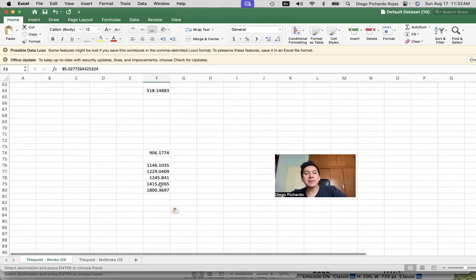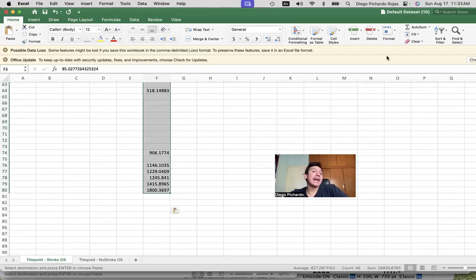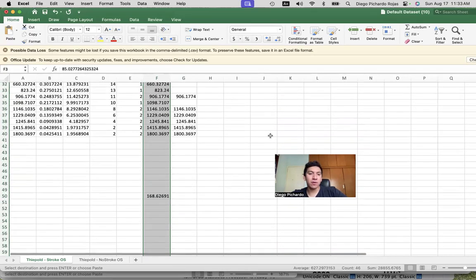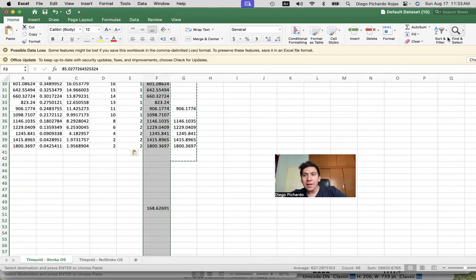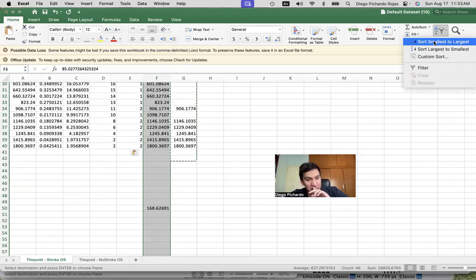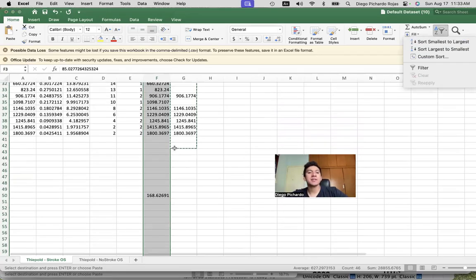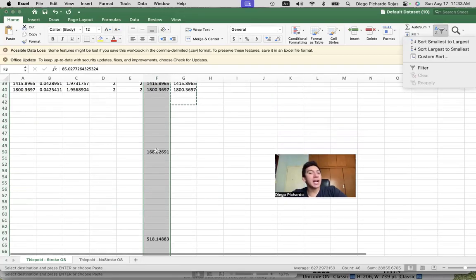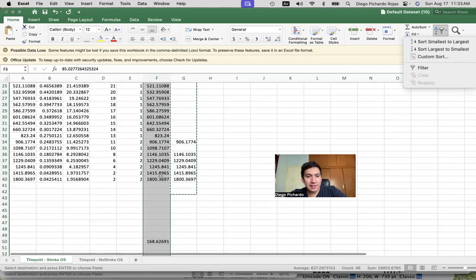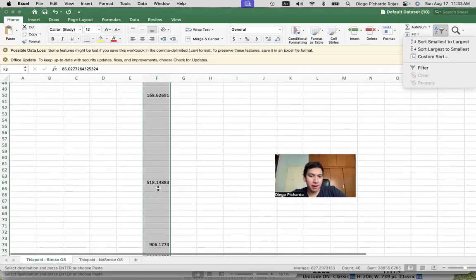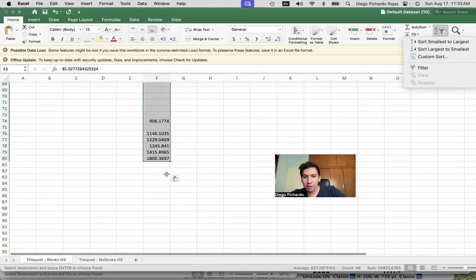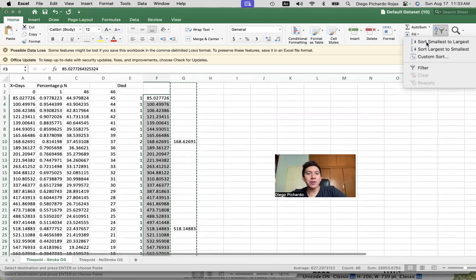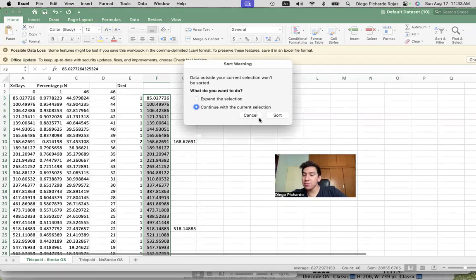Sort basically means organize your values. Notice how they are the same, but now I'm going to sort them from smallest to largest. Because look, this is smallest to largest, but when I copy pasted it, even though this is the largest, then another one is small, then another medium, then another large. So sort continues with the current selection, so nothing else gets moved except the things I'm highlighting.